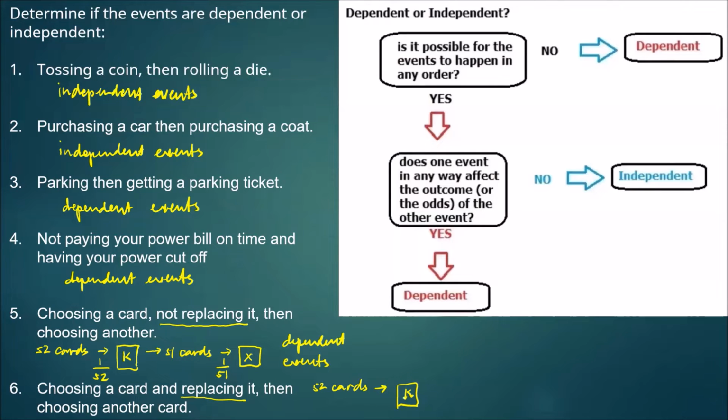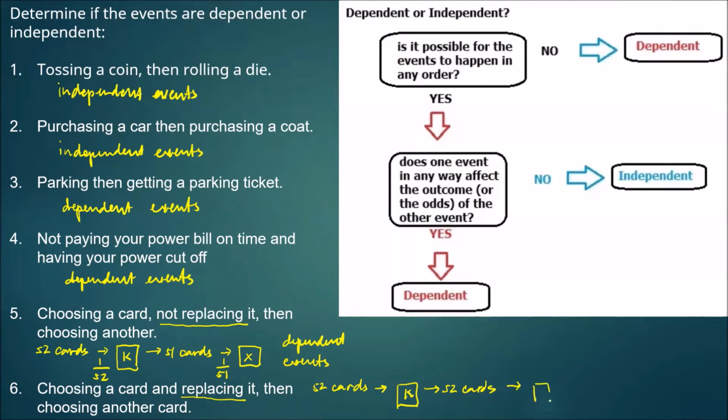Now, this time we replace it. After getting the king, we replace it with a king also. So therefore, in choosing the next card, how many cards do we have? Yes, we still have 52 cards because we replaced it, right?